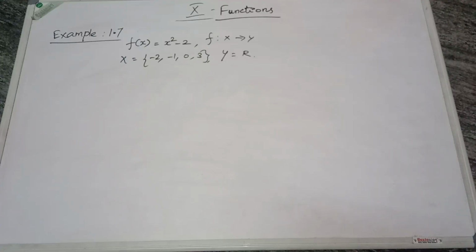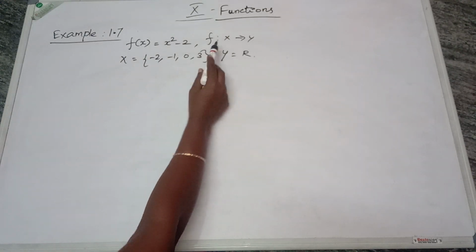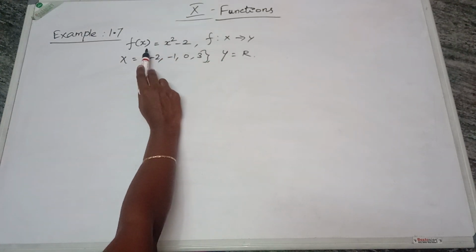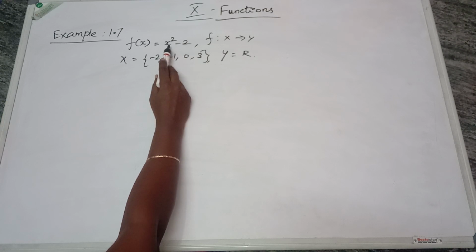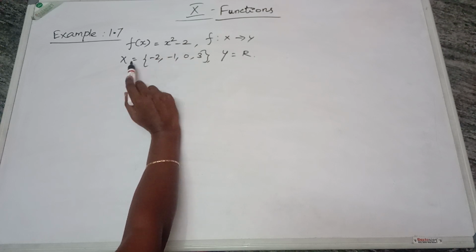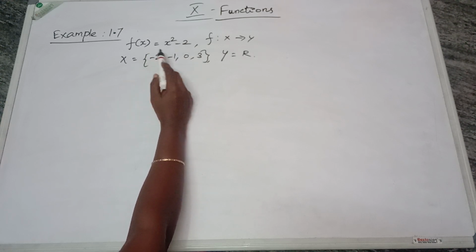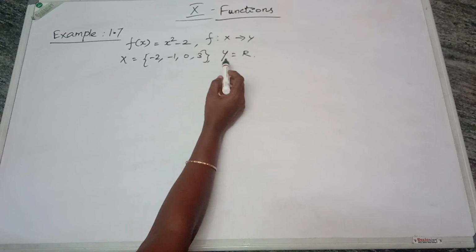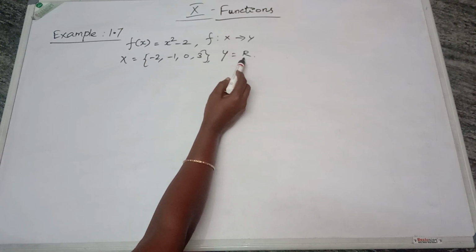See example 1.7. They have given a function f from X to Y, and f of x is equal to x square minus 2, where X, the domain, is -2, -1, 0, 3 and the codomain is the set of real numbers R. Real numbers include all the numbers: natural numbers, integers, whole numbers, rational numbers, irrational numbers; every number comes under real numbers.